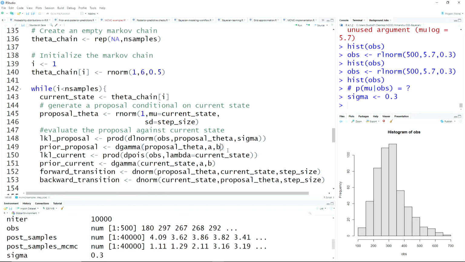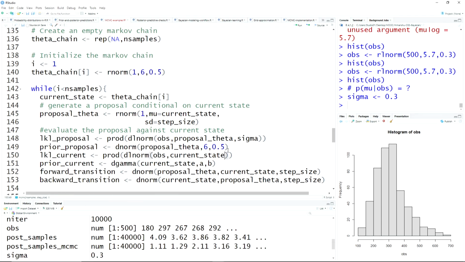Okay. Now for prior density, prior distribution is normal. So proposal theta, mean of this density was 6, standard deviation 0.5. Likelihood for the current sample would be product of, rather than d poise, DL norm, because you have log normal likelihood rather than lambda.